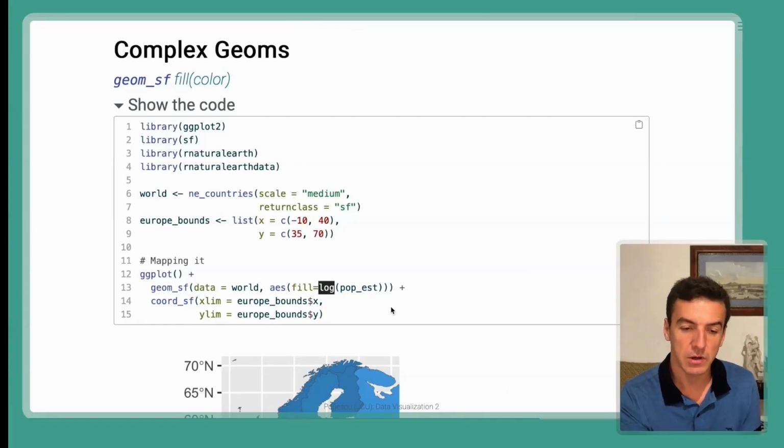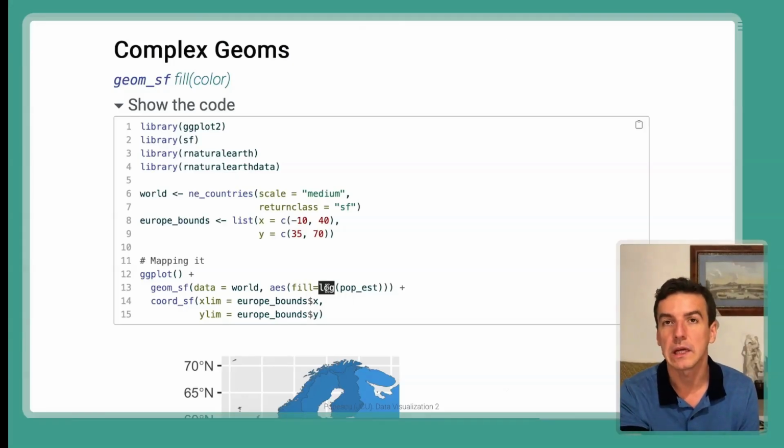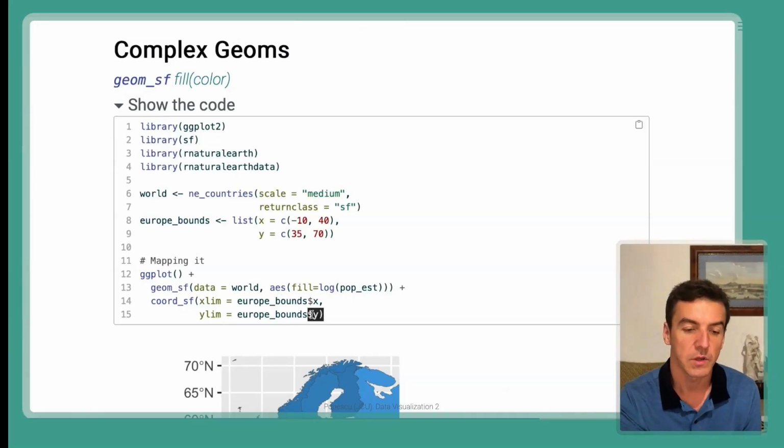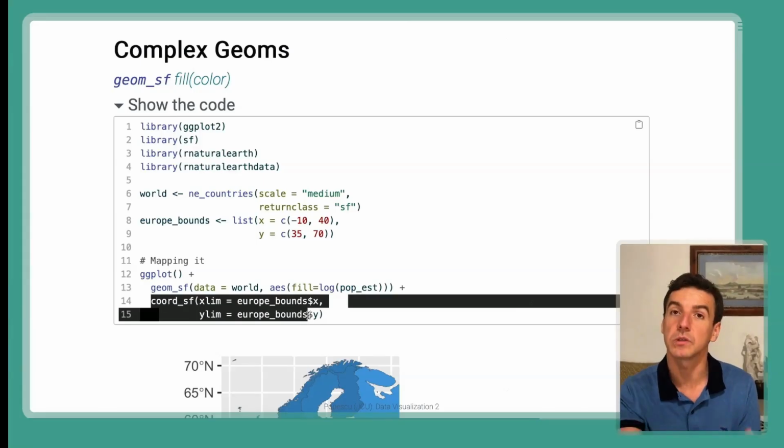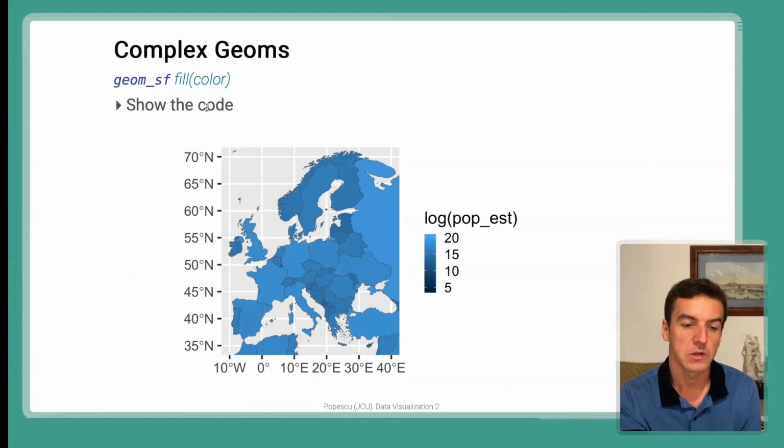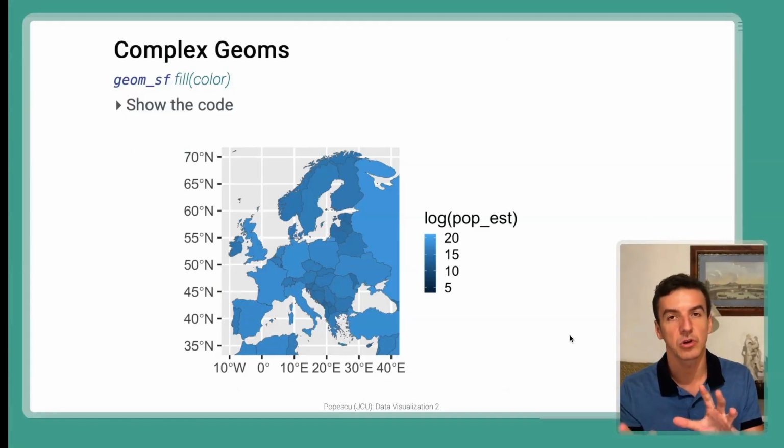So I encourage you to actually drop the log and see what the effect is. But I also encourage you to just get rid of the extent and see what the world population looks like in different countries. So this is how we obtain a choropleth map, a map that allows us to show how a variable varies across a geographic space.